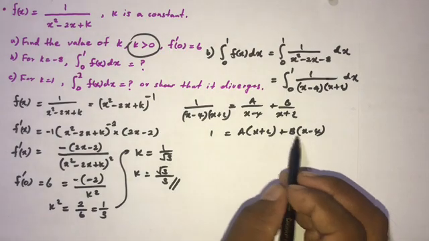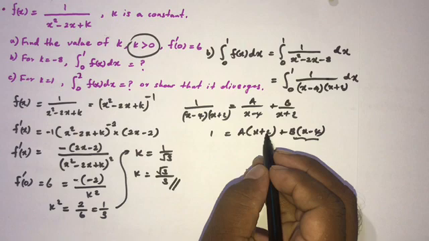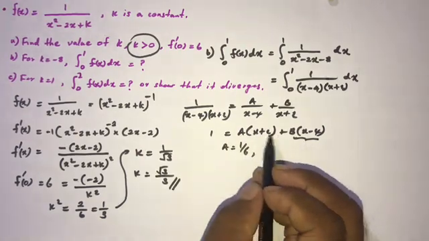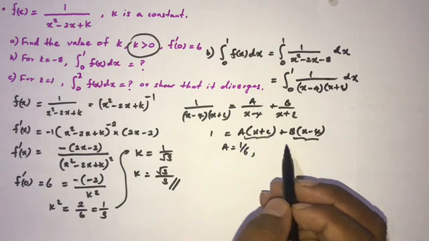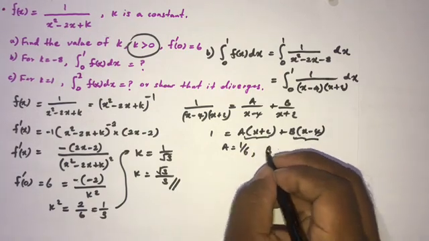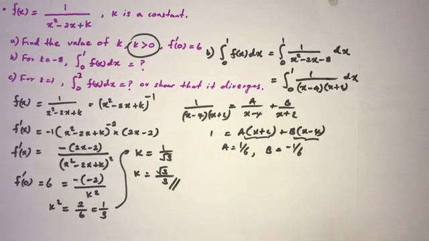Okay, now if we plug in 4, this term is equal to 0, and 4 plus 2 is 6, so a is equal to 1 over 6. If we plug in minus 2, this term is equal to 0, and minus 2 minus 4 is minus 6, so b is equal to minus 1 over 6.